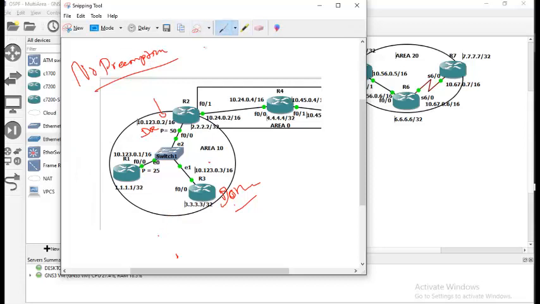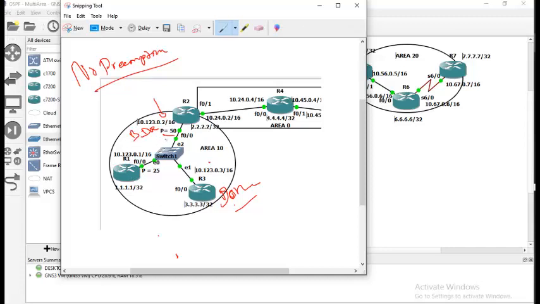R2, first, by comparing the priority when all three are competing, will say, see, my priority is higher, so let me be a BDR.